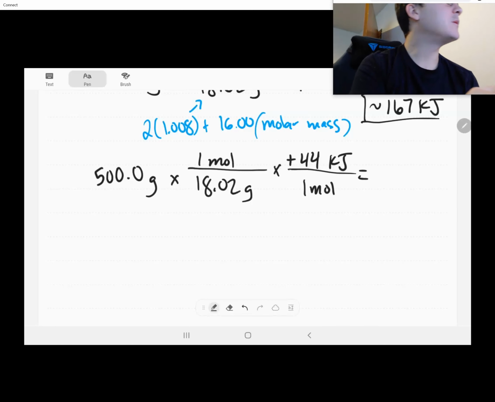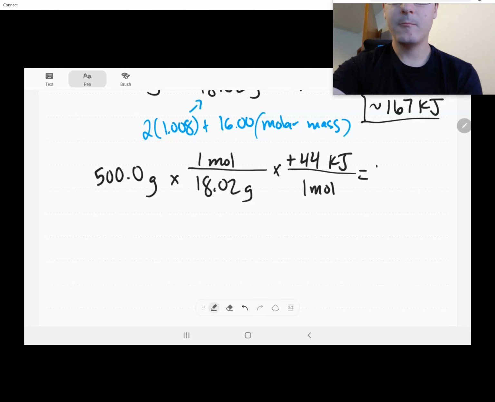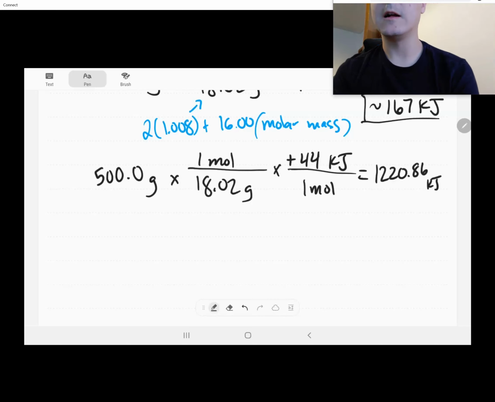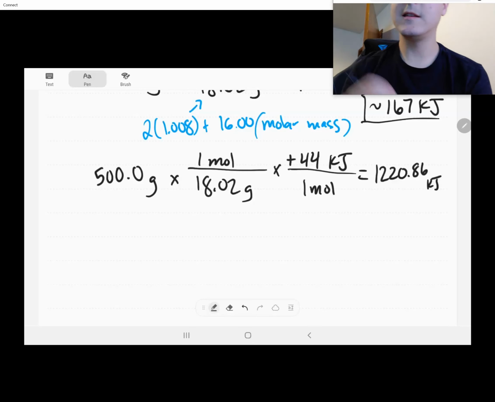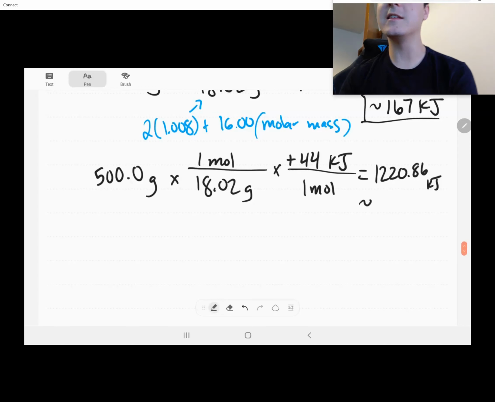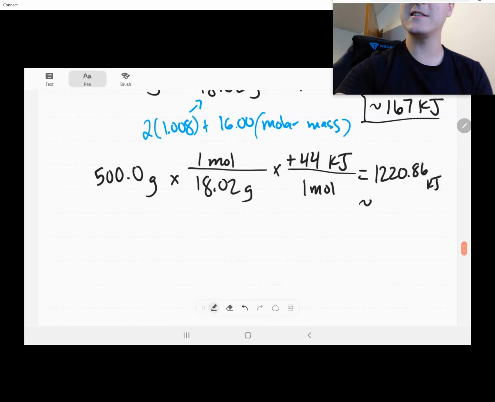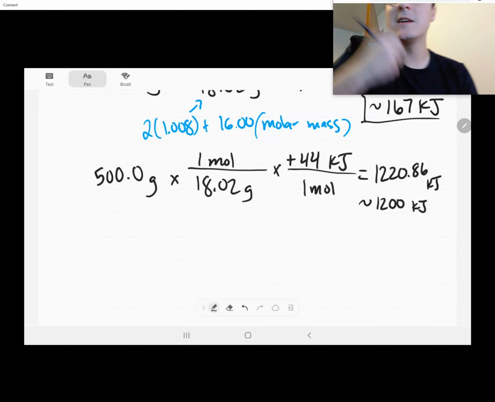Doing this, we get 1,220.86 or something kilojoules. Sig figs, now we have how many sig figs? 2, yes, very good. So that is going to be 1200 kilojoules.